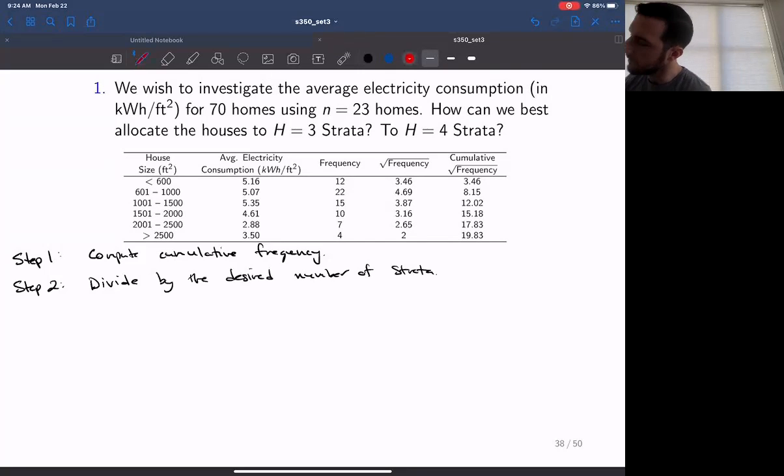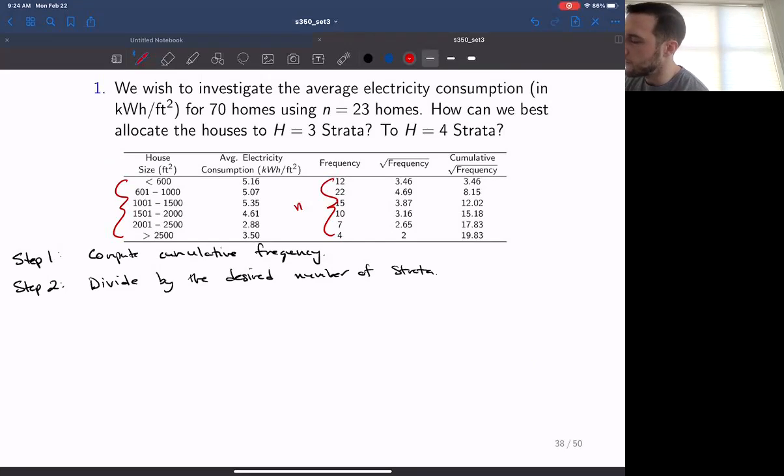All right, so you can see from the table that's given on slide 38, we have the calculation of this cumulative frequency method. So we have the different house sizes shown here in the first column. And then here we have the frequency, which would be the number of houses associated with each different house size.